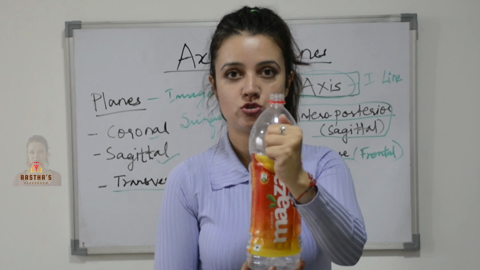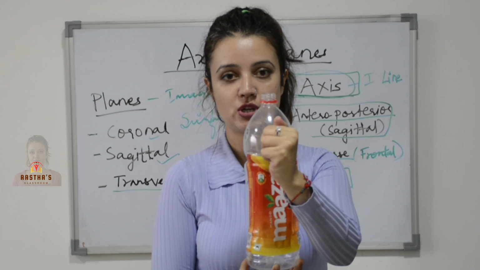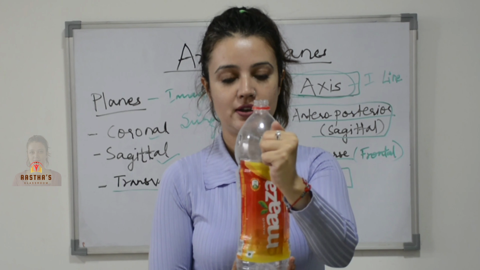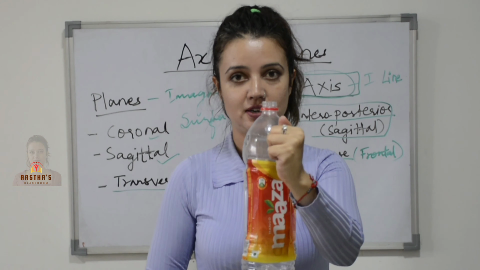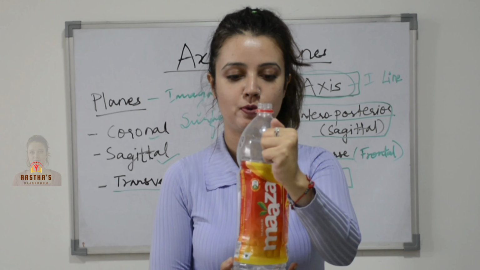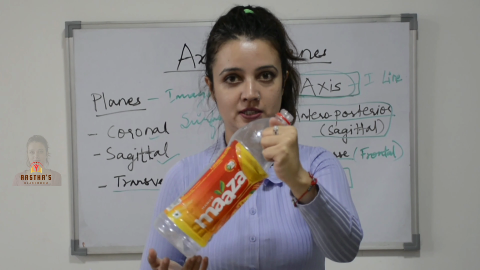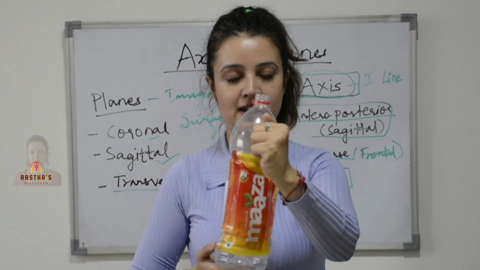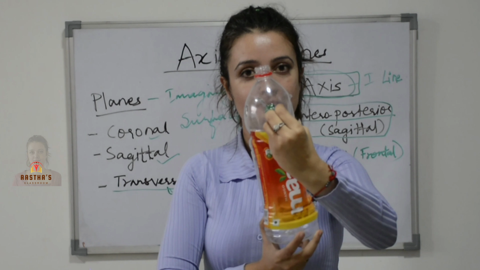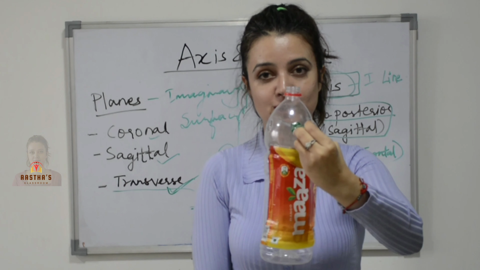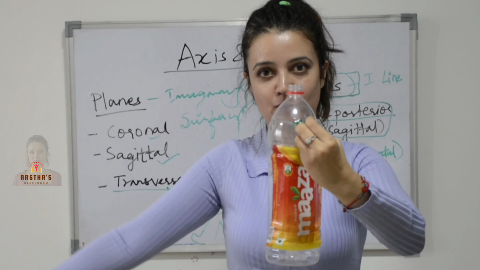Is there a rotational component? Can we do rotation? No. Can we do flexion extension on the anterior and posterior axis? That is also not possible. So the only movement possible is this and this. Do you remember which movement I am doing here? Isn't it the same movement here?